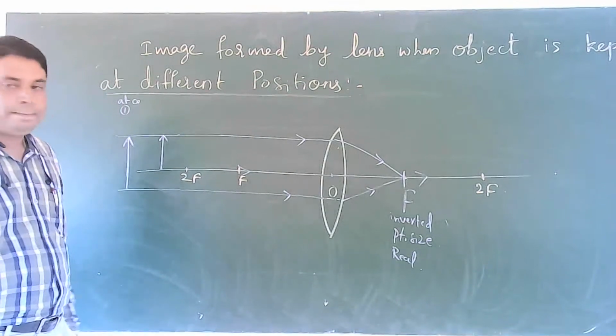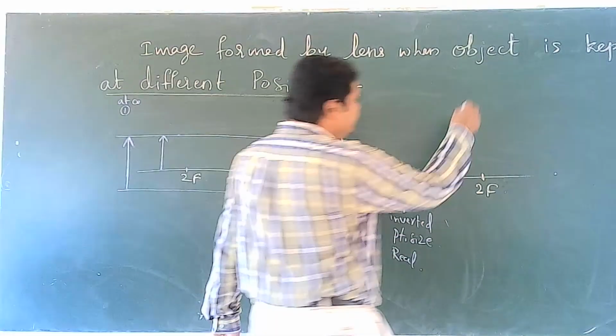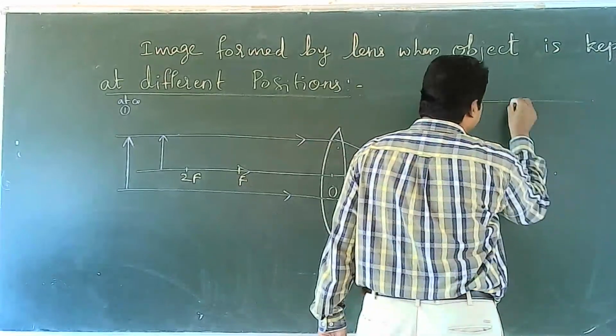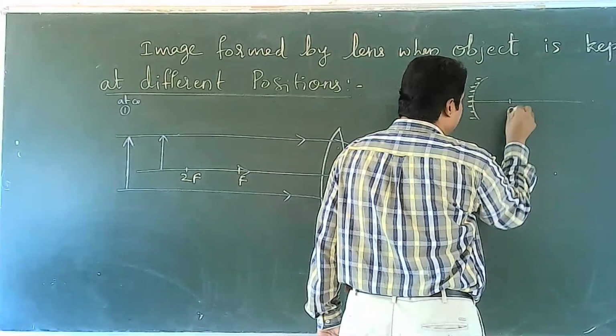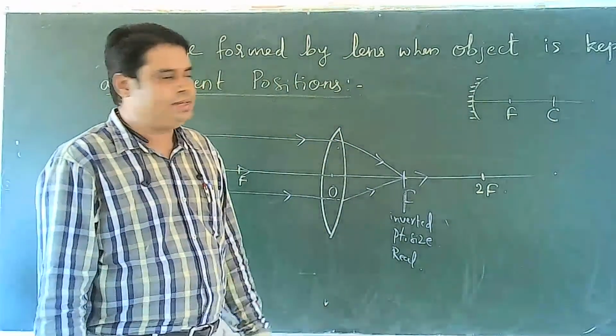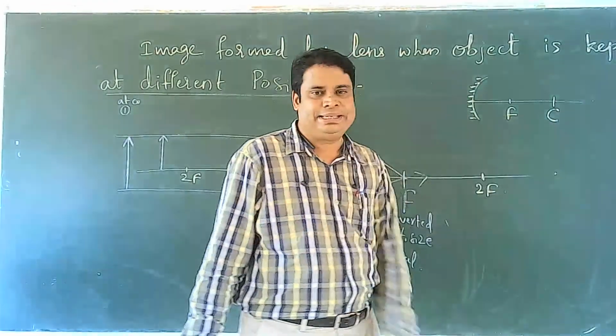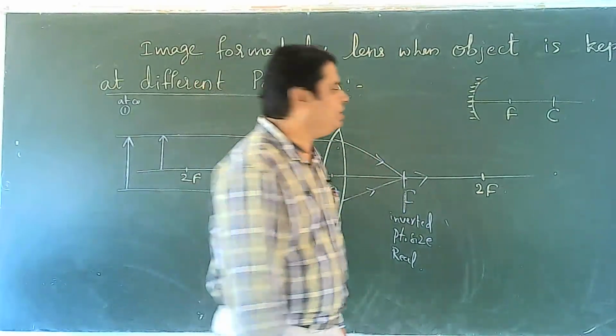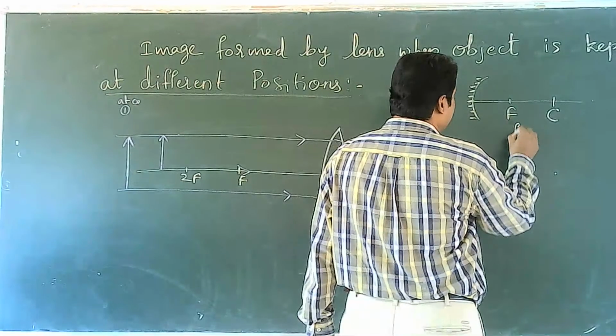See, in case of concave mirror, here we have F and here we have C, where F is principal focus and C is center of curvature. And we have a relation connecting these two.